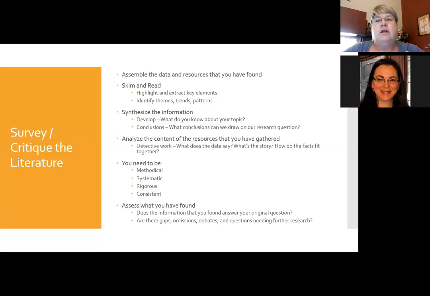So looking through and doing your searches is not doing a literature review. You'll notice when we started, it's a circular process. This is not a linear process where you go from step to step. You might have to go back and redo some steps and keep going over them until you have all of the information that you need.